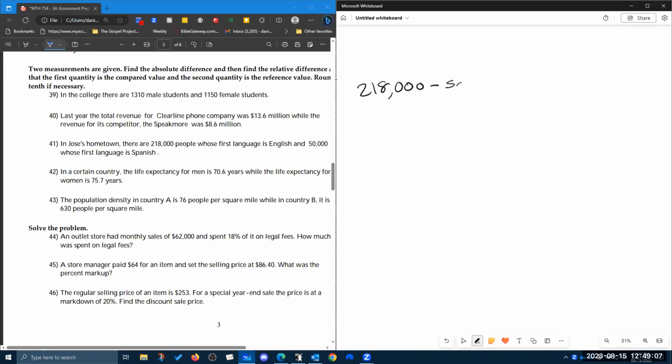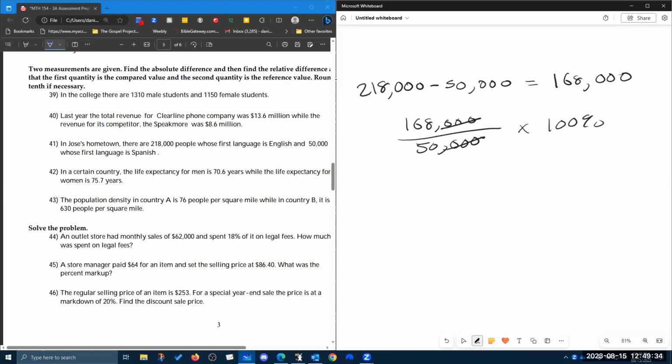So 218,000 minus 50,000 is an absolute difference of 168,000. We're going to take that absolute difference and divide it by the reference value of 50,000 and multiply that by 100%. All those zeros cancel each other out. This is the same as 168 divided by 50 times 100%.